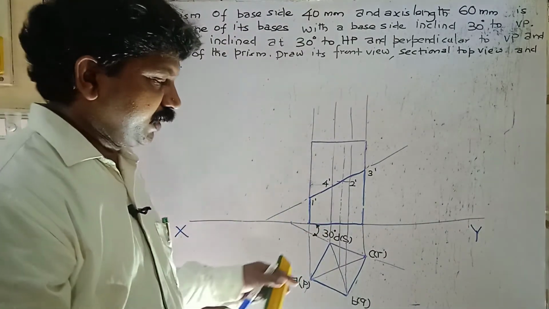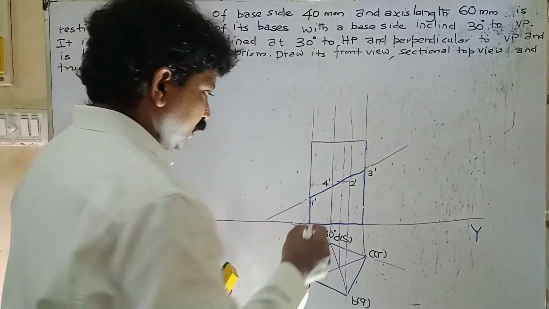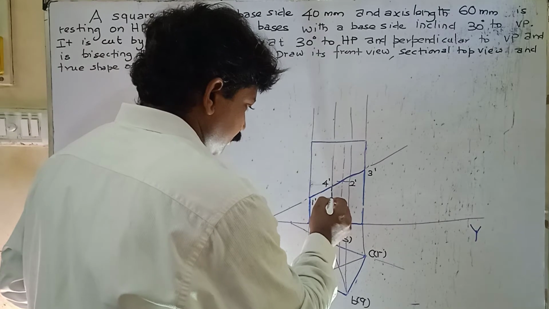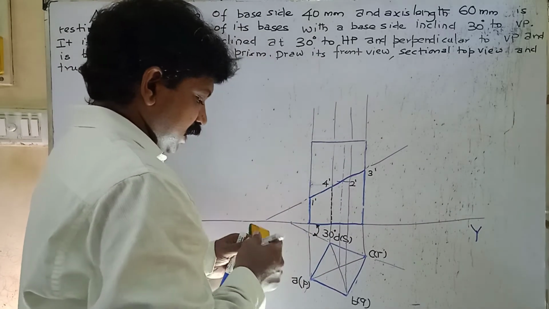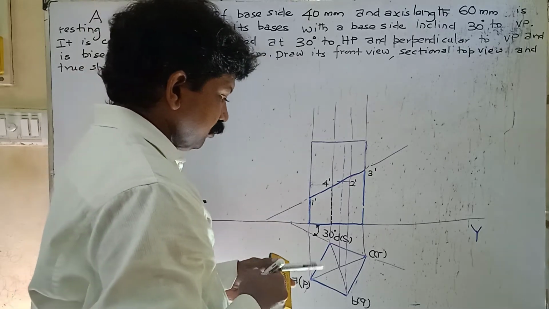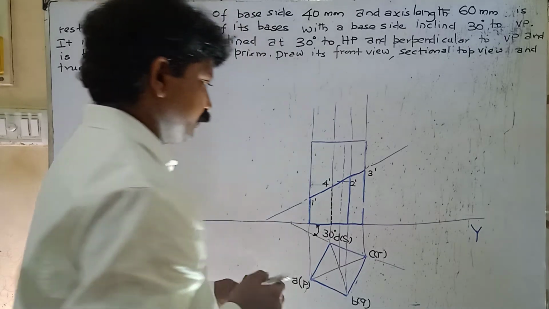Now in this case the D of S has an invisible edge, so dotted line, the invisible edge dot. And B of Q is a visible edge.